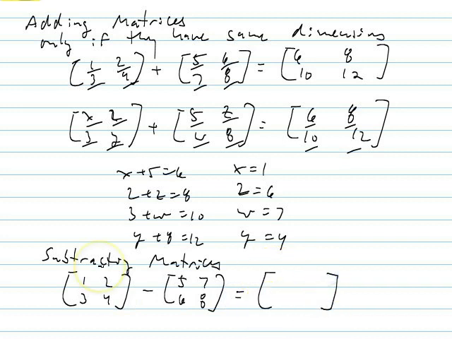And then you do top left minus top left. 1 minus 5 is negative 4. 2 minus 7 is negative 5. 3 minus 6 is negative 3. And 4 minus 8 is negative 4. So subtracting matrices is almost the same as adding matrices. They have to have the same dimensions or there's just no answer.